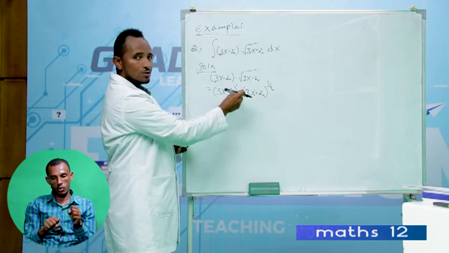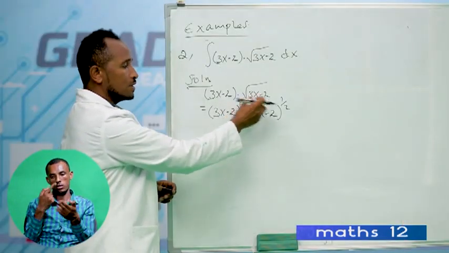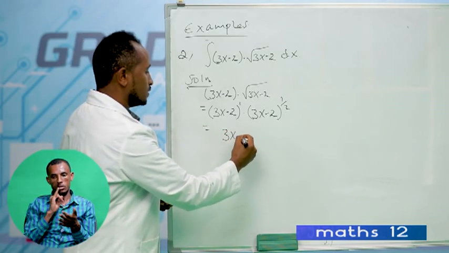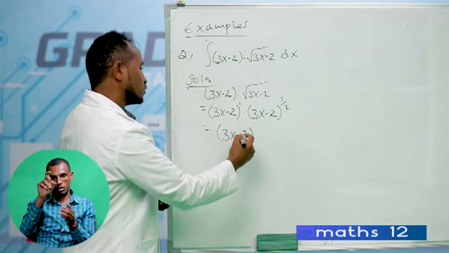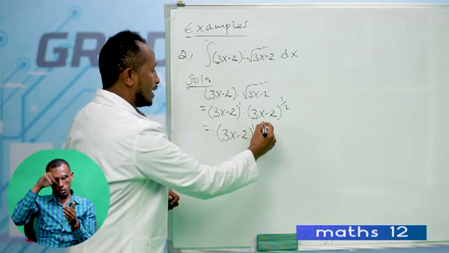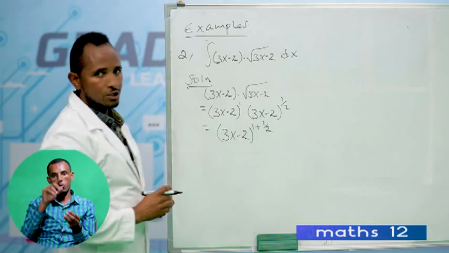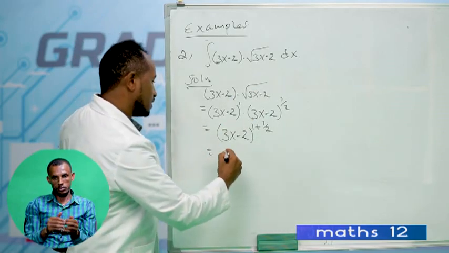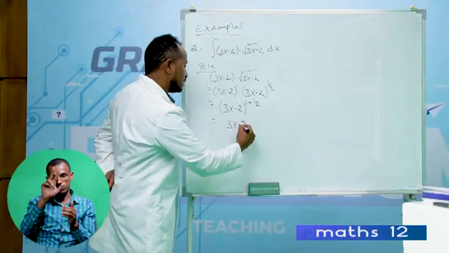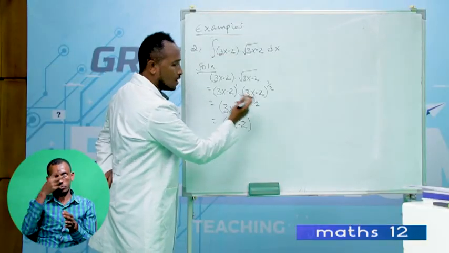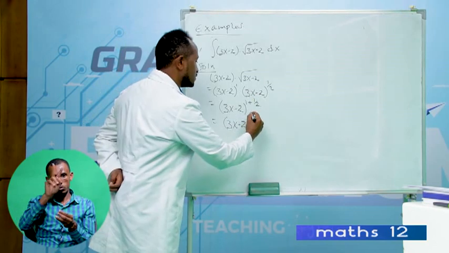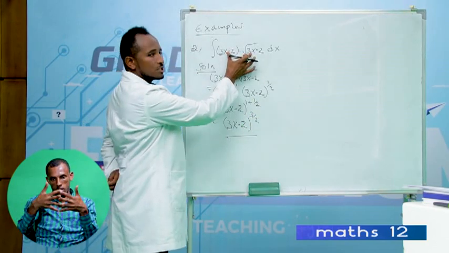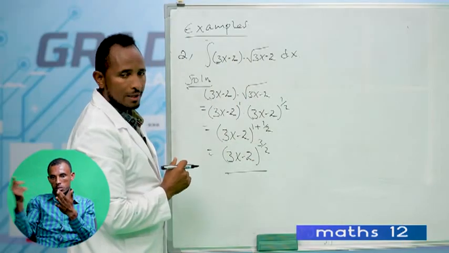When you multiply these two expressions, since they have the same base, you add their exponents. So this is equal to (3x - 2)^(1 + 1/2), which is (3x - 2)^(3/2). So the integration of this expression means the integration of this one.